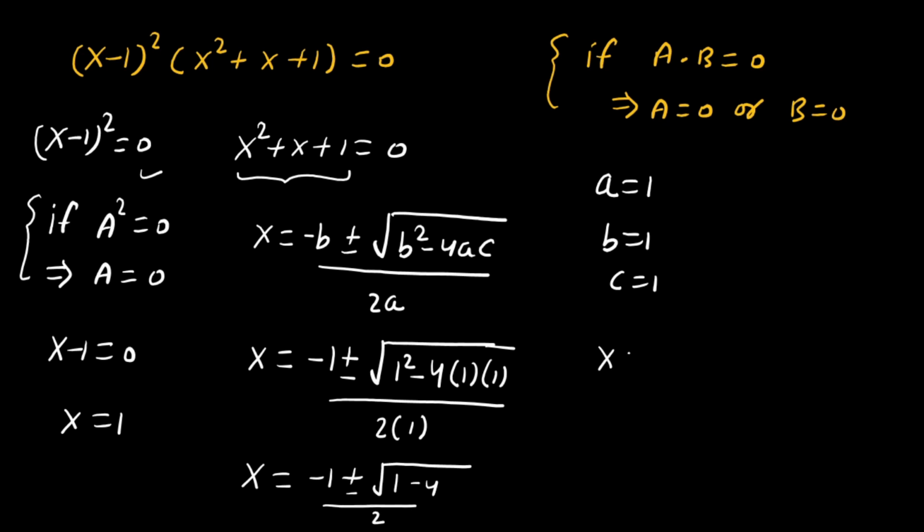Then x = (-1 ± square root of -3) over 2. Here the square root of -3 is equal to the square root of (-1 times 3).